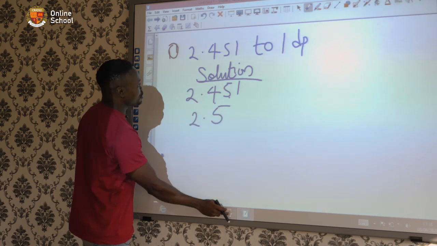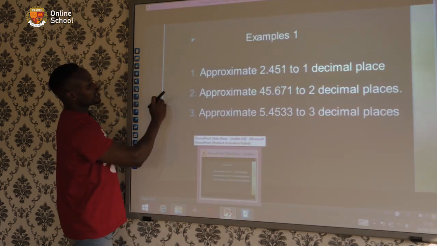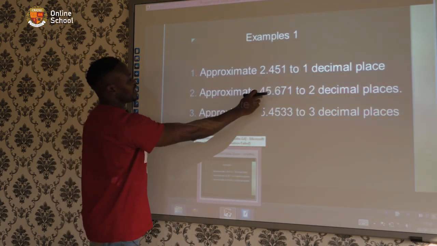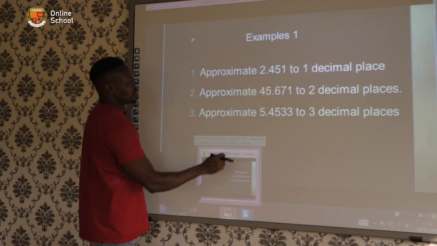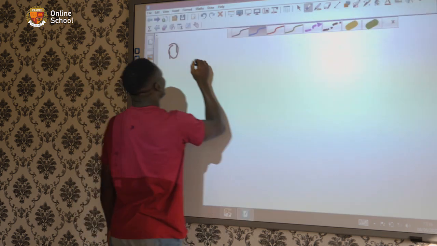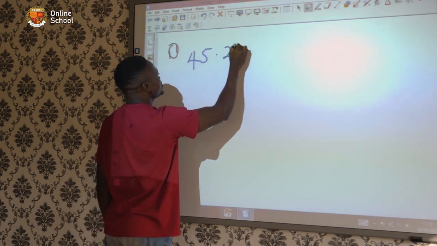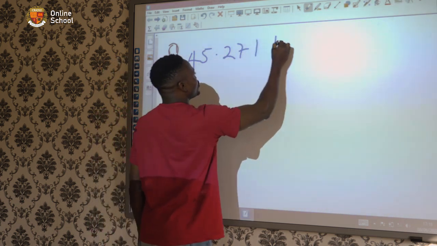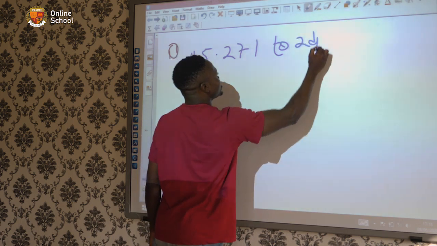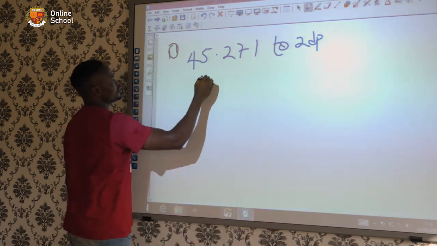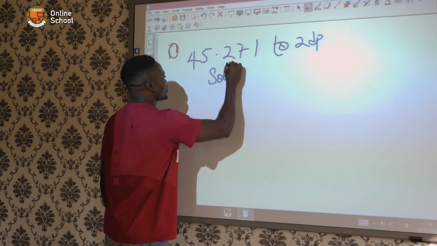Now, example 2. We are asked to approximate 5.271 to 2 decimal places. You write your solution.